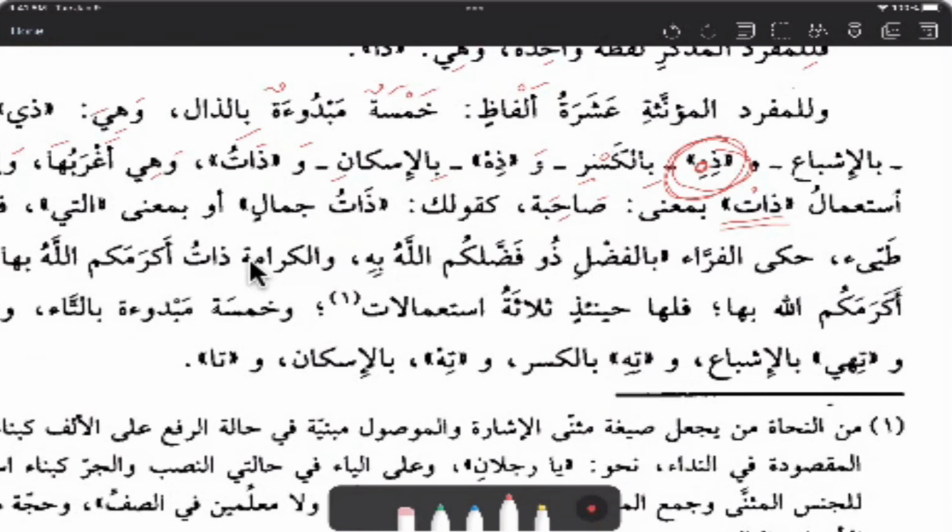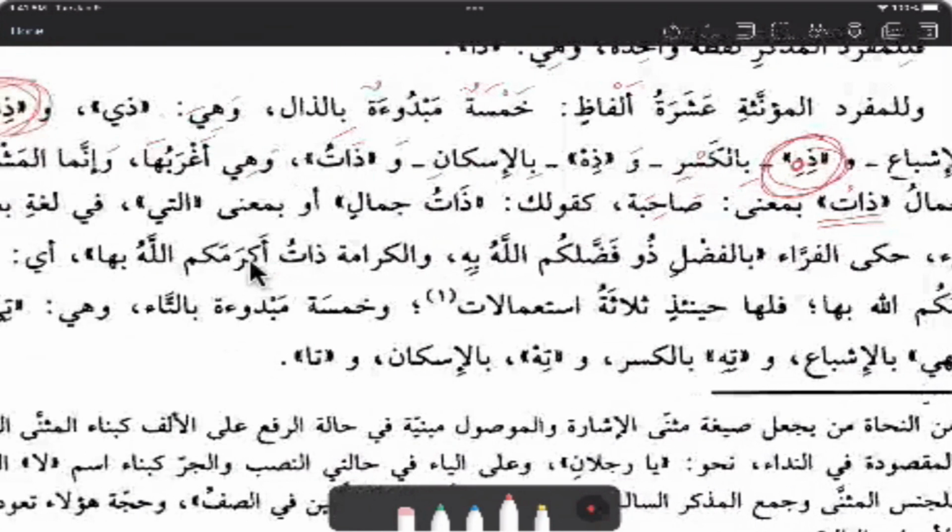We learned about them. Like for you to say dhatu jamal, one of beauty, but that's feminine. Dhatu jamal, one of beauty. A woman of beauty, who has beauty, that is.